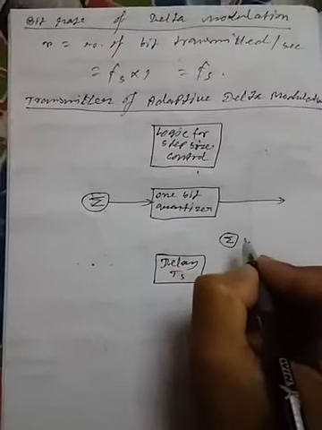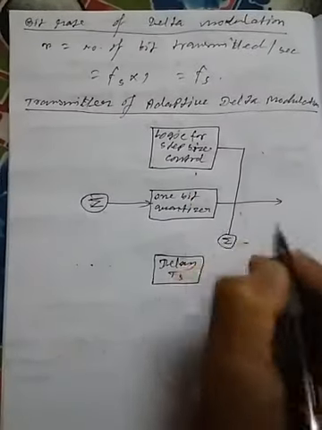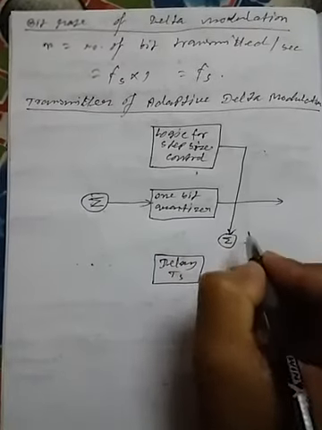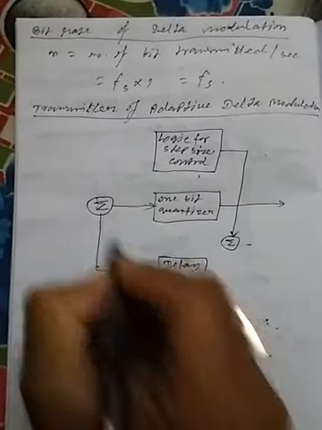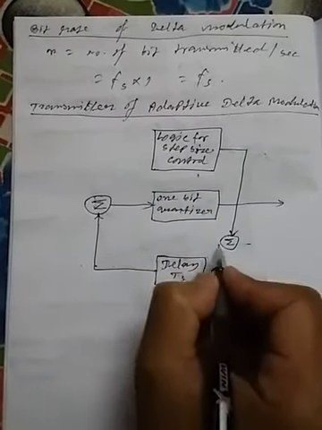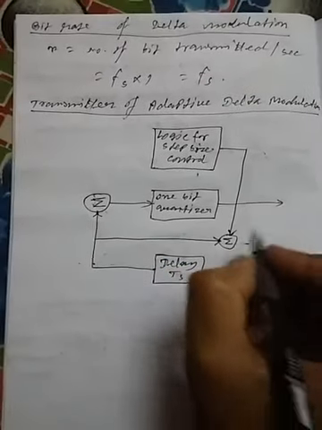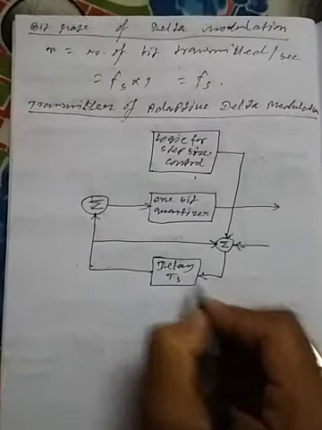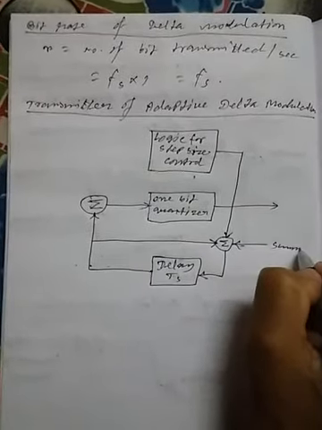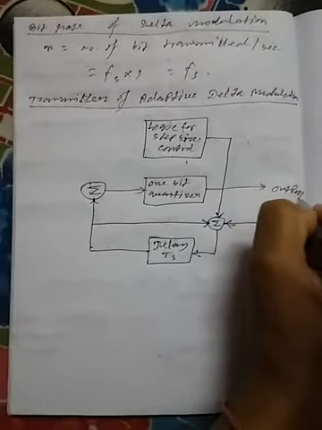Here is another summer. So this is the summer. This is the output of ADM, adaptive delta modulation.